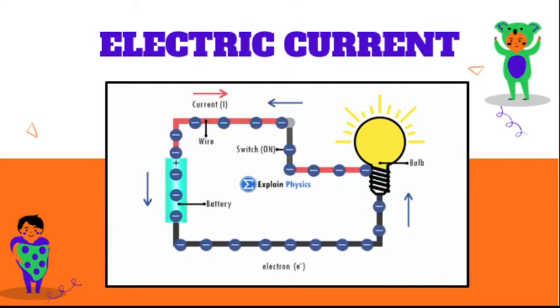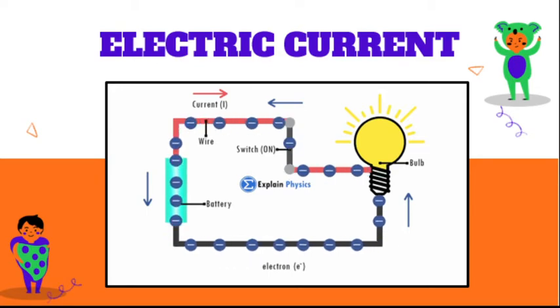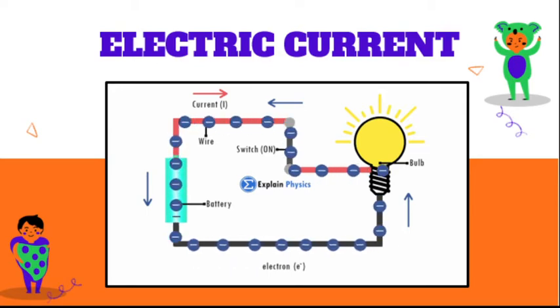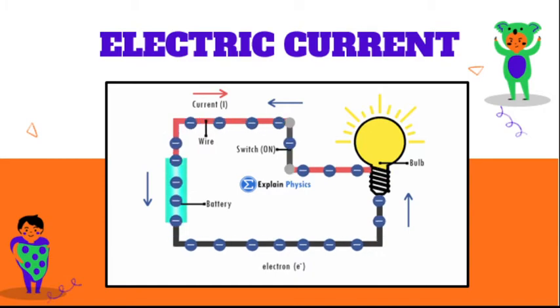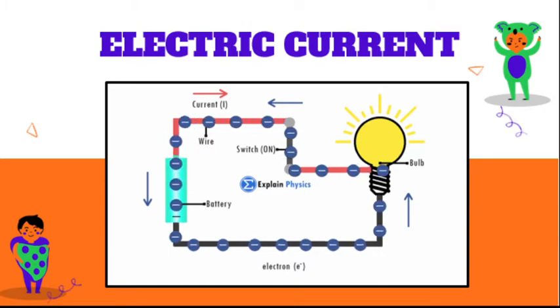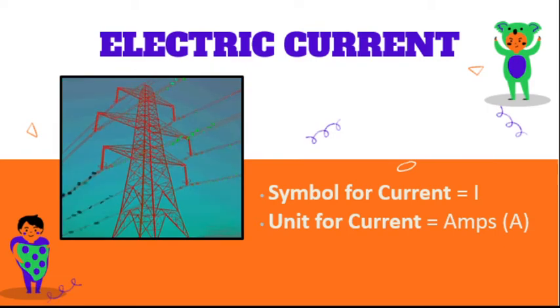The direction of conventional current, or simply current, is from the positive terminal of the battery to the negative terminal. The symbol for current is capital I, and the unit for current is amperes, or capital A.